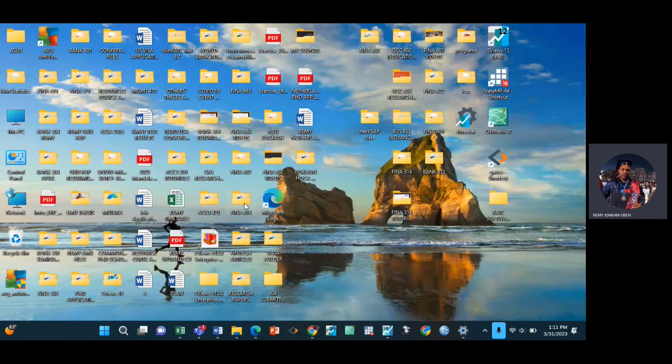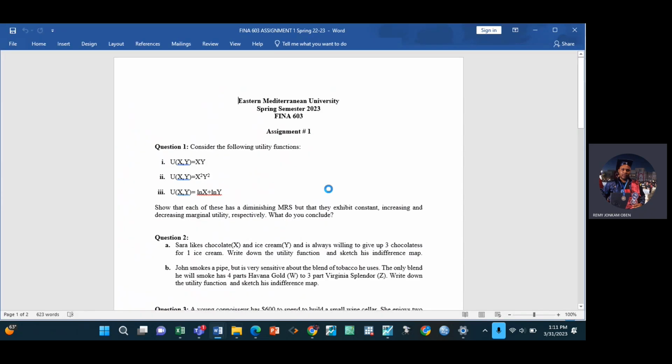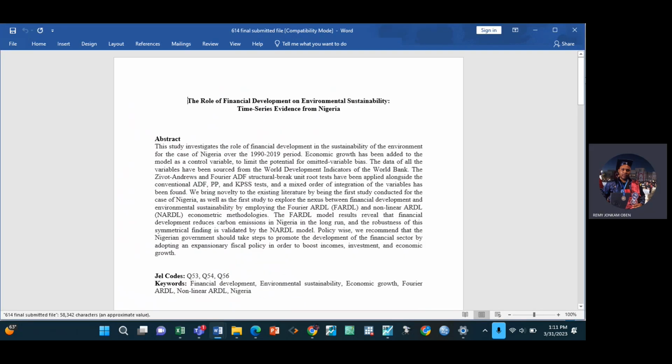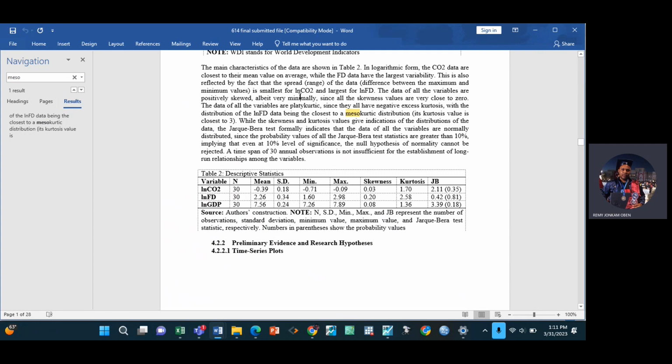I'm sure the other guys did not come because they know it's regression. Regression is easy. That's why they didn't bother to come. Just a second.